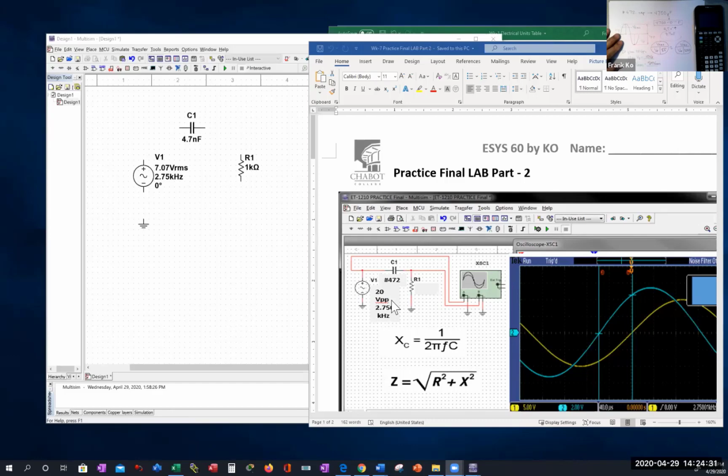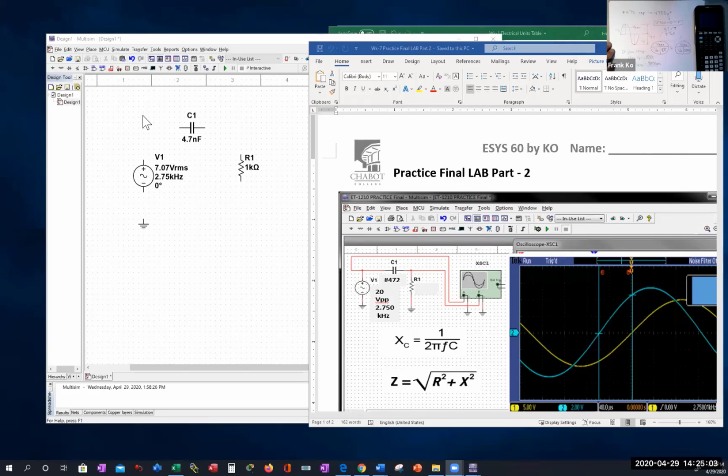You have 20 volts peak to peak, but you have to express it in RMS format. How do I do that? You take the 20 volts peak to peak, divide it in half, and you end up with 10 volts peak. You take the 10 volts peak, plug it into the formula to get RMS, and you end up with 7.07 volts RMS. So far, does everybody understand what we're doing from here to bring it into MultiSIM? So far, so good?